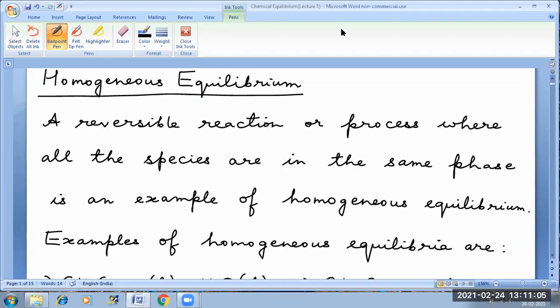A process or a reaction which is reversible and has achieved equilibrium, containing all species in the same phase, is an example of homogeneous equilibrium. All species should be present in the same phase. So it's a single phase.